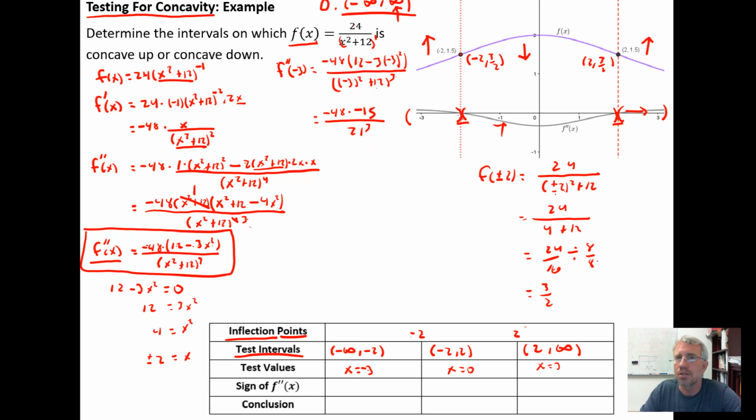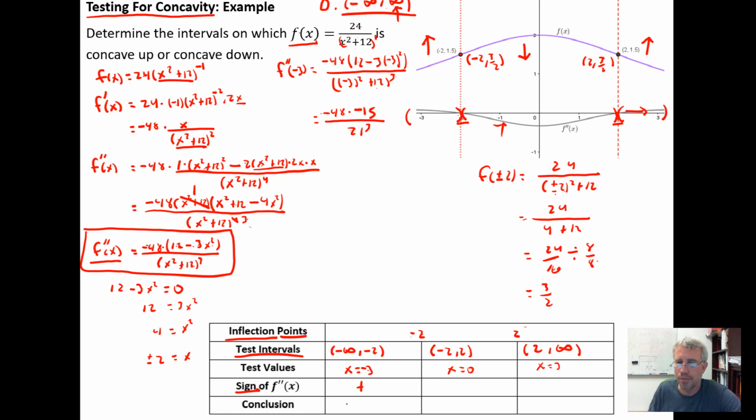And I don't need to know the number that I'm going to get. I just need to know what the sign is. Is it positive or negative? Right now I have enough information to determine the sign. I have a negative times a negative, which is a positive, divided by 21 cubed, which is a positive. So negative times negative divided by positive is positive.